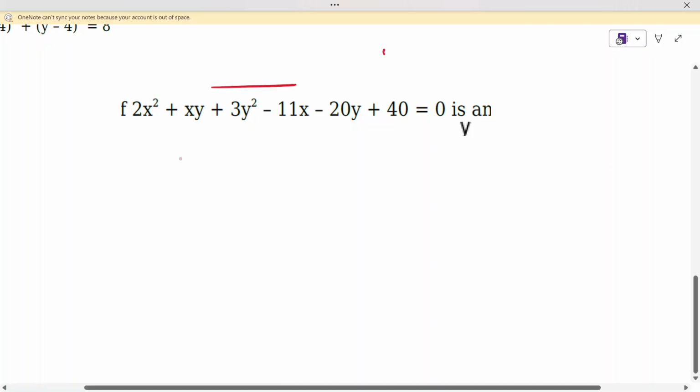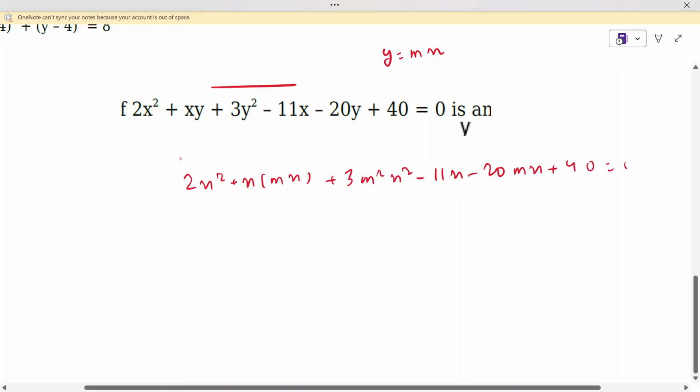Okay. So y is what? y is mx. So this will be 2x square plus x into mx plus 3 m square x square minus 11x minus 20 mx plus 40 equal to 0.